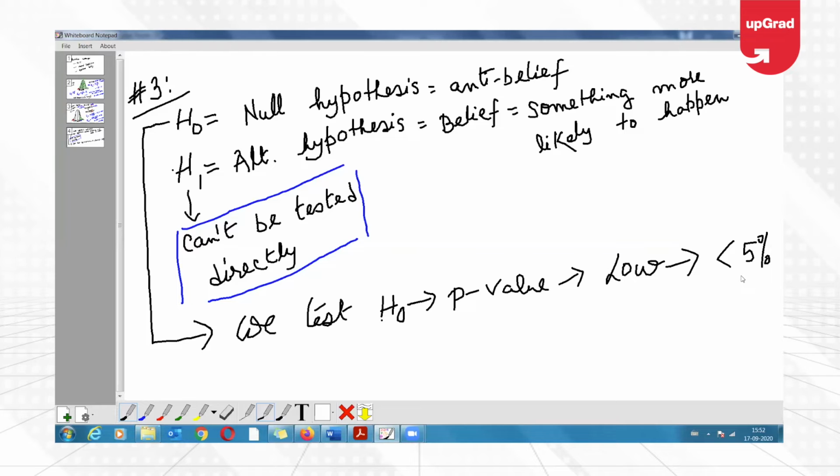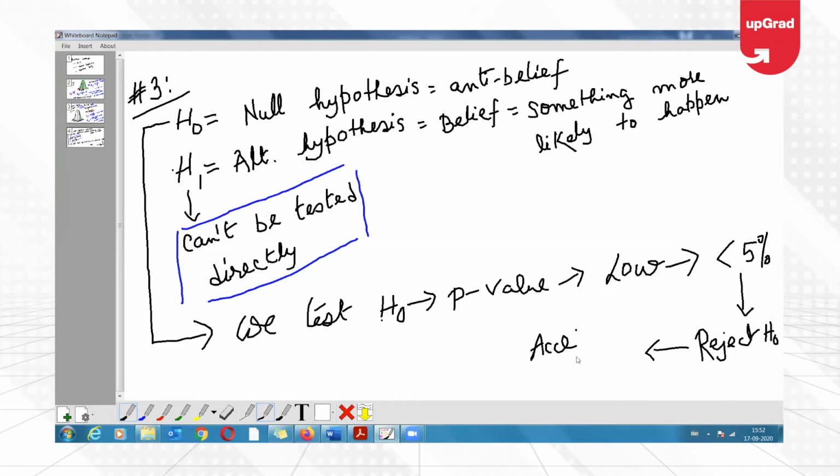If that is the case, then we reject H0 and accept H1.